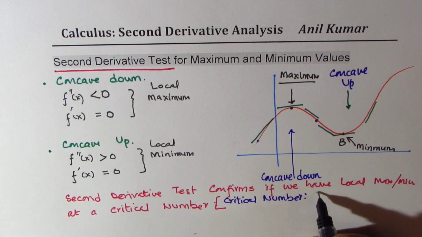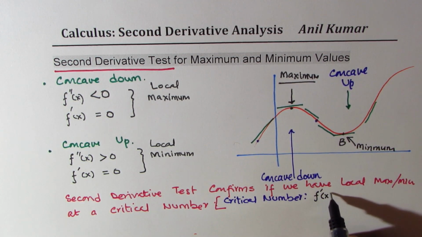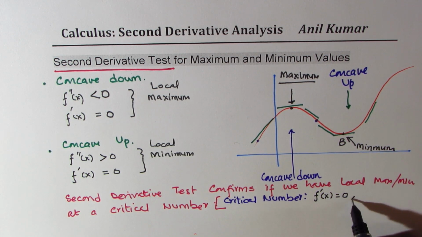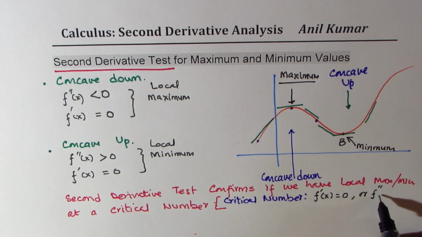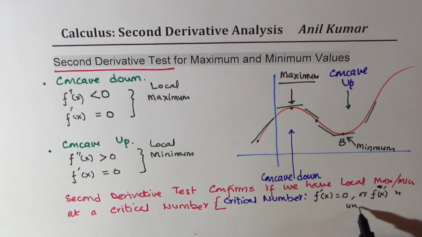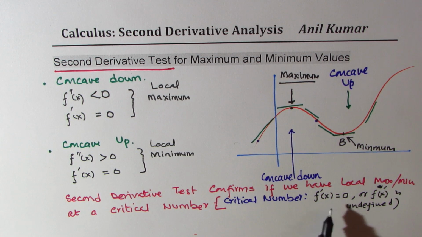A critical number is a point where the derivative is equal to 0, or where the derivative is undefined. So we could get a critical number at one of these points.